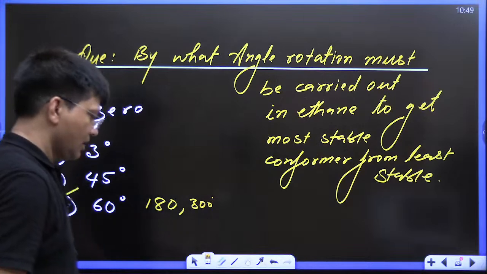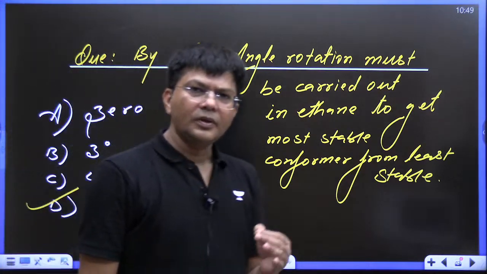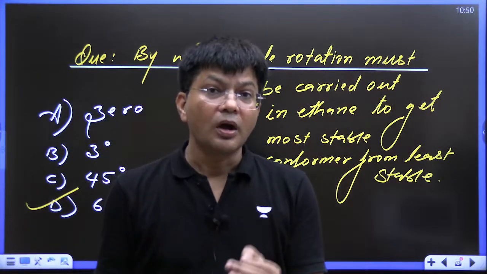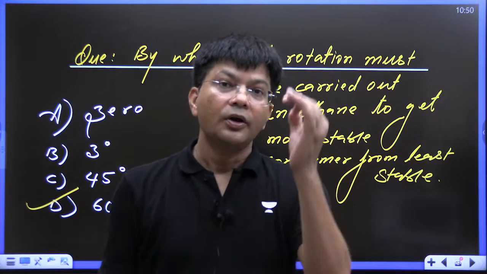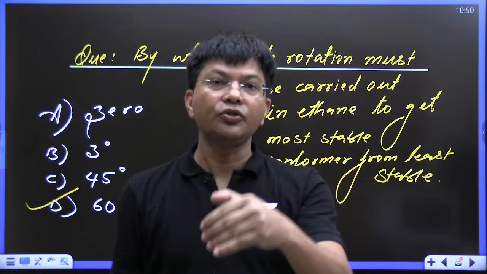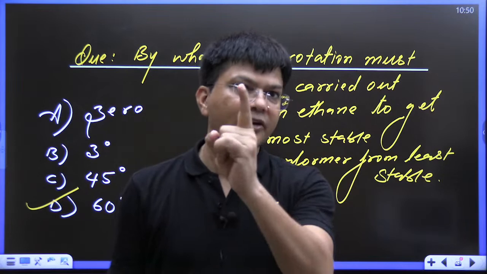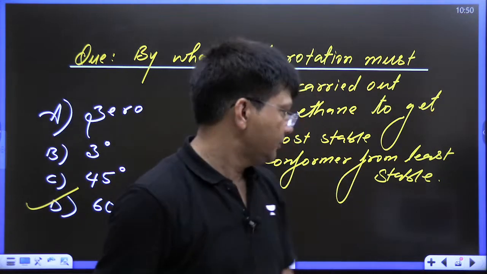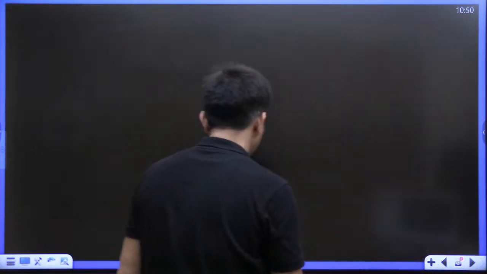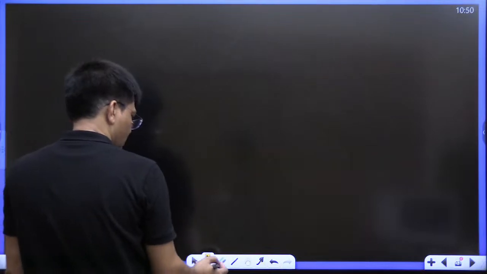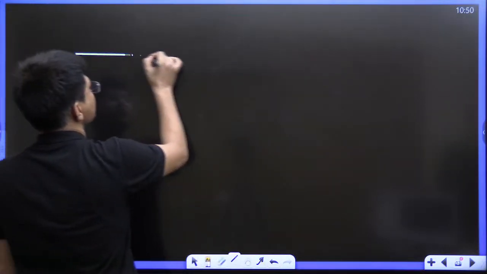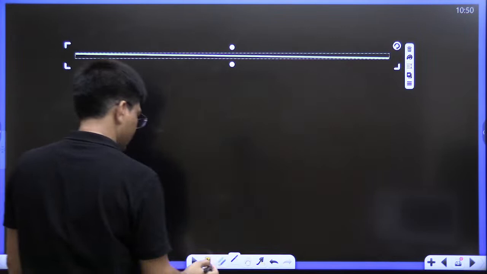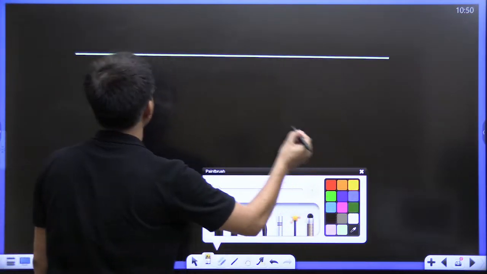Now see, kids. Now I'm going to tell you how to write down a normal structure into a Newman structure. That is really very, very important. See how to write it down. First of all, I am giving you this question. Just try to understand. This question is very, very important.